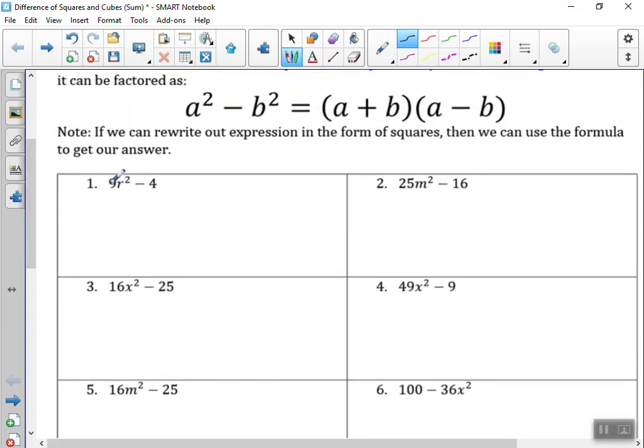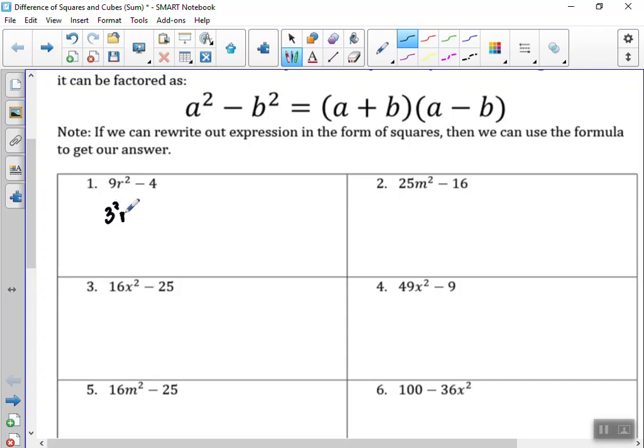So we're just going to look at 9. Does it have a square symbol on the top? It doesn't. But how can I write 9 so it has a square symbol? 3 times 3. So I can rewrite 9 as 3 squared. It's the same thing, right? 3 squared is the same thing as 9.